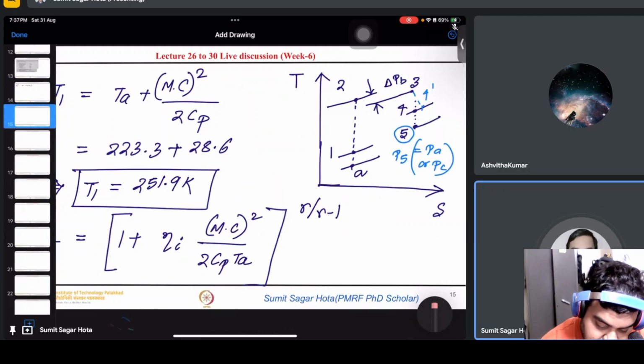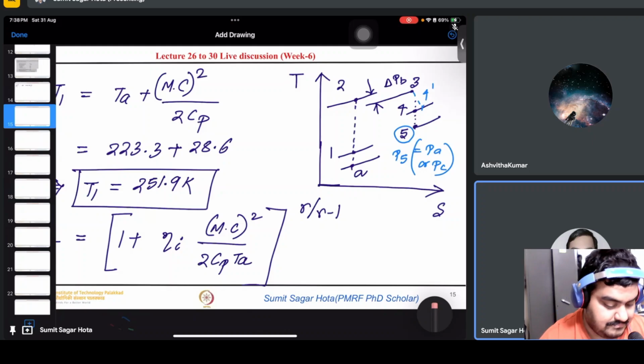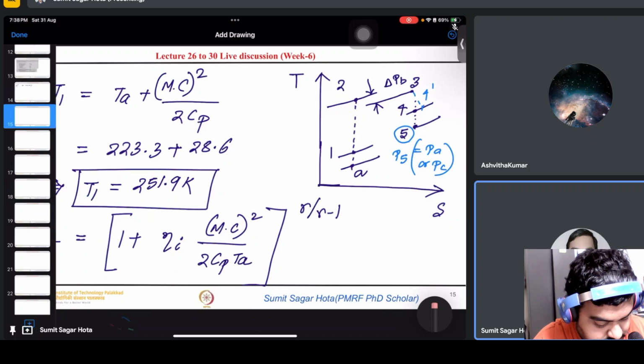But if you see in the cycle, okay, but I think this is all right, because there is also some pressure loss there.